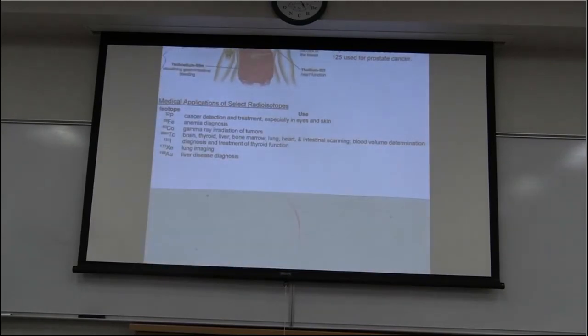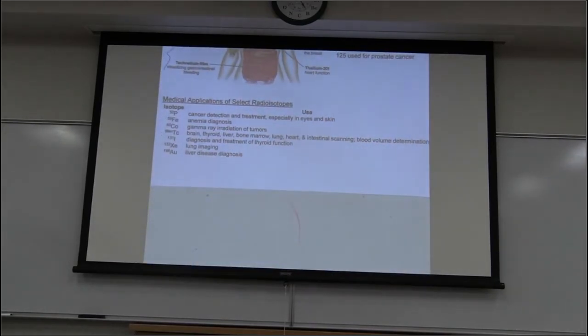All right, some isotopes that are used. Which ones have I talked a lot about that are on this list? There's one for sure. Iodine-131, technetium-99m, and you have seen phosphorus-32. I'm not going to ask you to memorize all those, but you should recognize the ones we've spent a lot of time talking about.